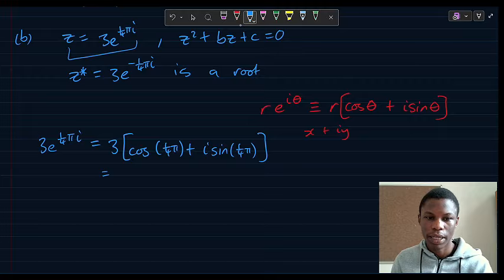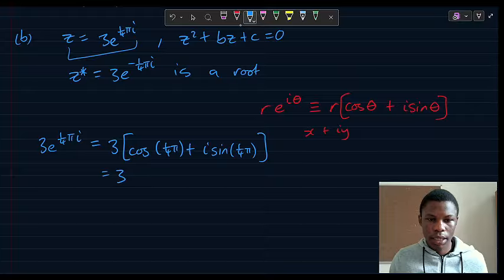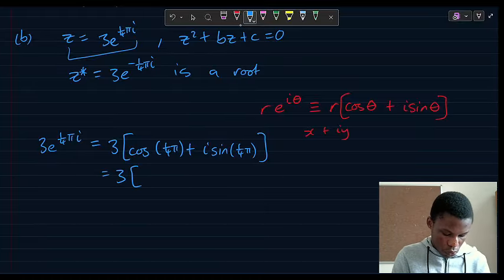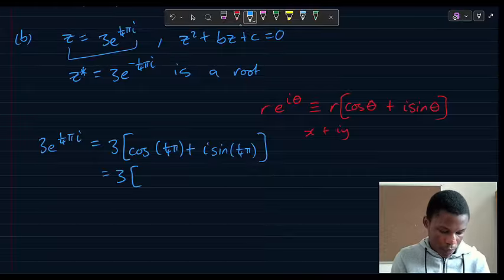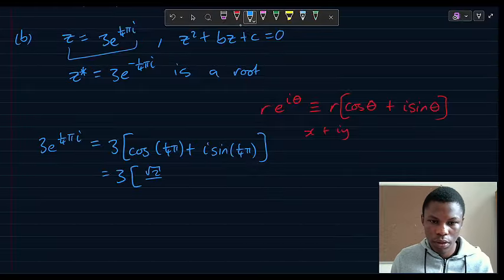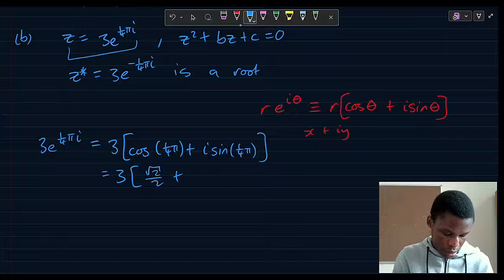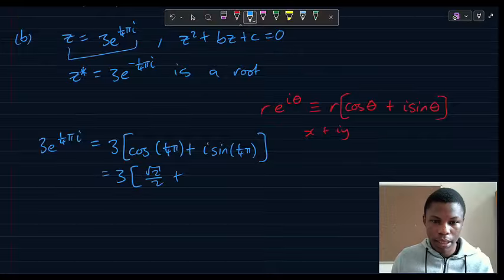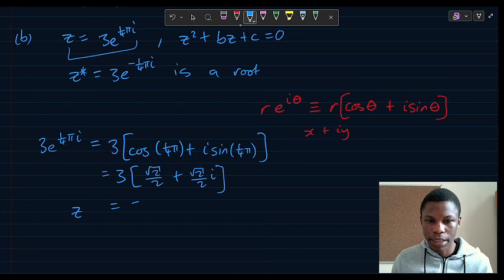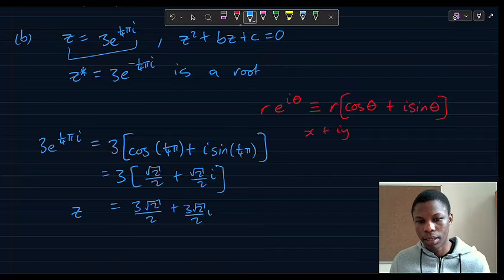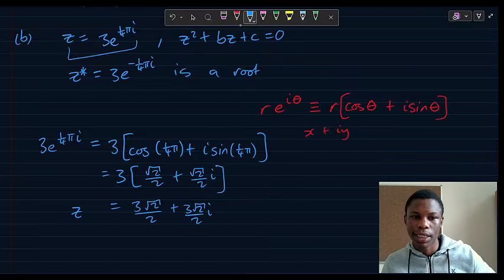If we simplify this, that is 3 times cosine of a quarter pi, which is root 2 over 2, plus i sine of a quarter pi, which is again root 2 over 2. And so if we expand, we have that z is equal to 3 root 2 over 2 plus 3 root 2 over 2 i. This is z in the x plus iy form.